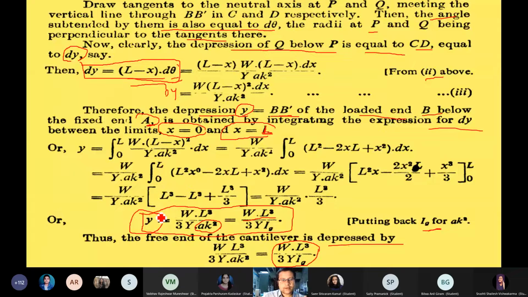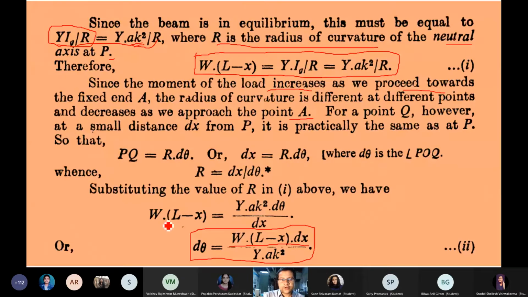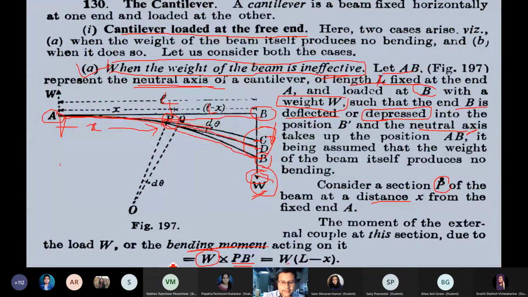So don't call it the bending moment here. Yesterday we talked about how much it got bent, and that bending moment is how much couple acts on its one end, the magnitude of that couple.